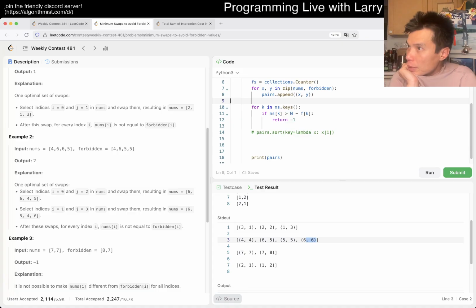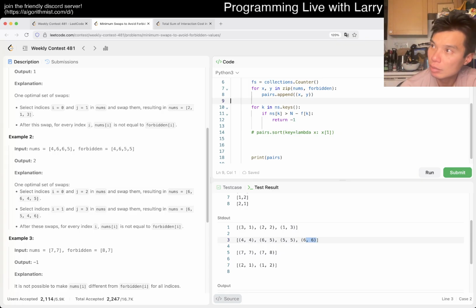Is there some forbidden things? No, I mean, you can. Okay, so if there are 2 things that are different, then you can always do it. Because obviously if they're the same number, then you cannot always.